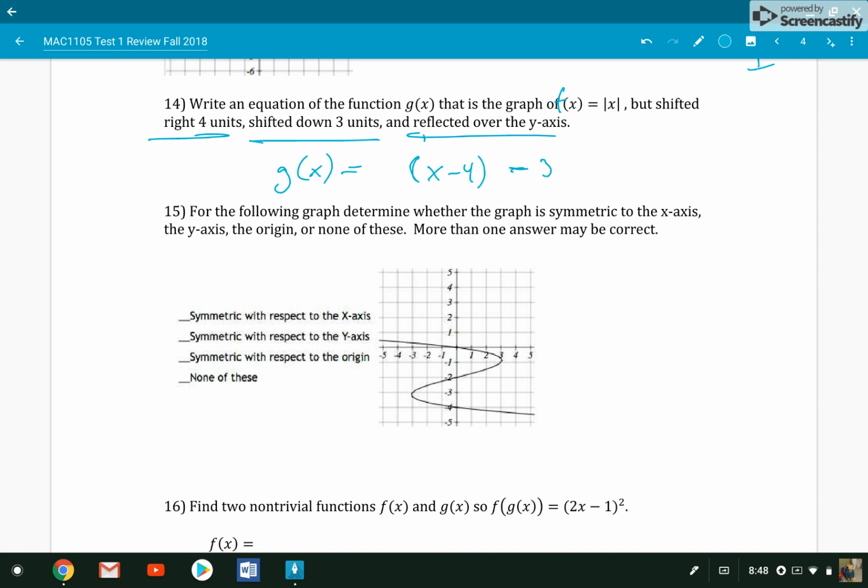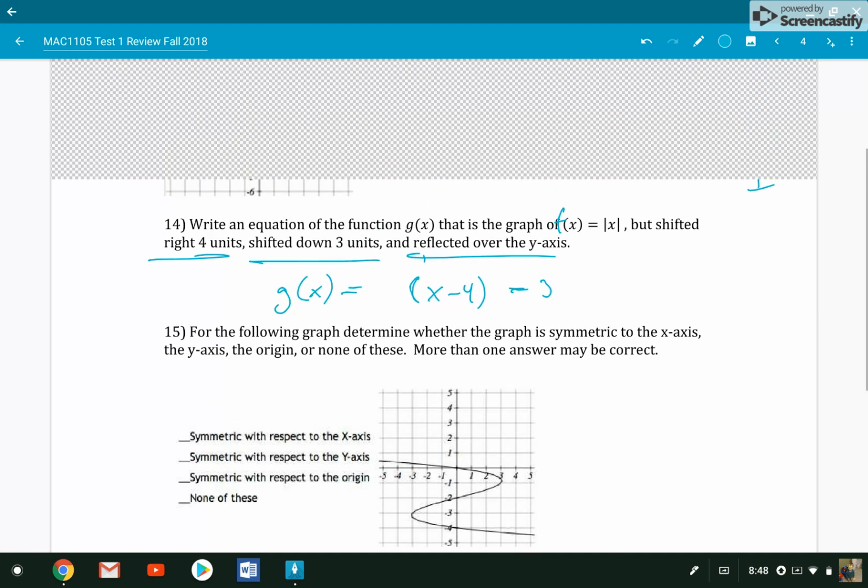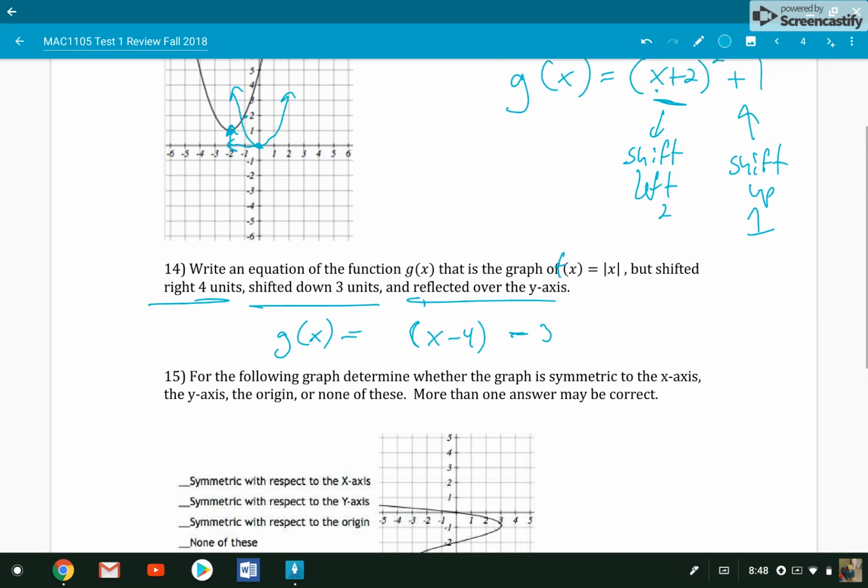And then reflected over the y-axis. Here's your y-axis on any graph. You're going from the right-hand side to the left-hand side, or the left-hand side to the right-hand side. So you're flipping from left to right or right to left. So that negative that does your reflection should be within your function. So this is still an absolute value.